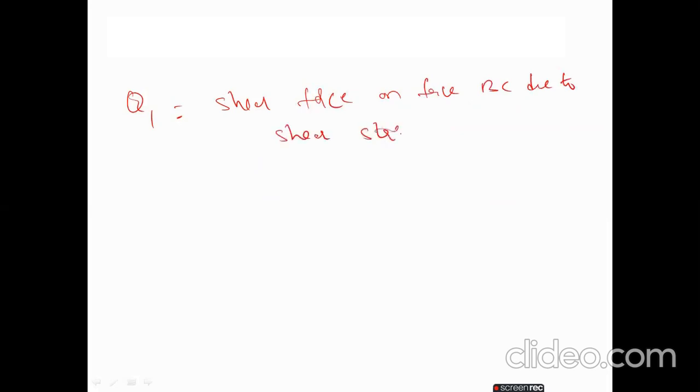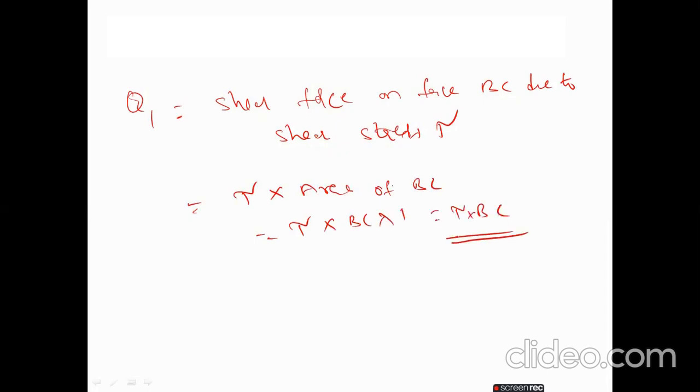So now what about Q1 and Q2? Q1 and Q2 are the shear forces. Q1 is the shear force on face BC due to shear stress tau. That is tau into area of BC, tau into BC into 1, equal to tau into BC. This one we already calculated in the previous problem. Then what about Q2?